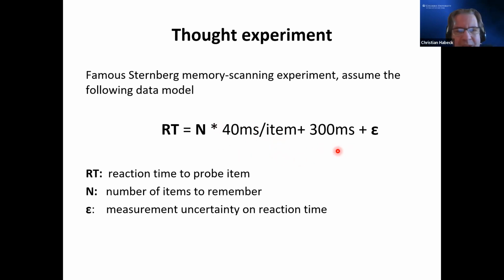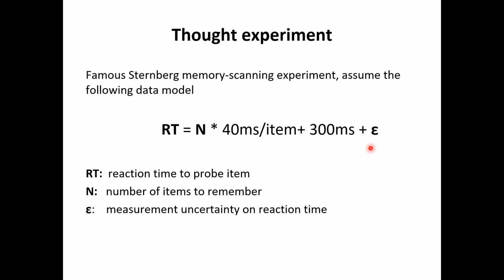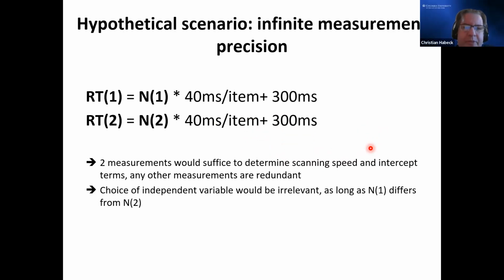But let's imagine now we have this data model, and there's absolutely no measurement uncertainty at all. The error is zero. Right? That never happens in real experimental circumstances, but let's imagine that. So in this hypothetical scenario where there's no uncertainty at all, we just need two values, and we have both intercept and slope.